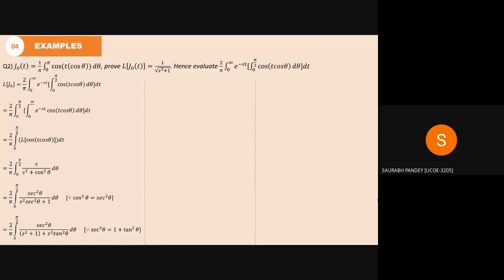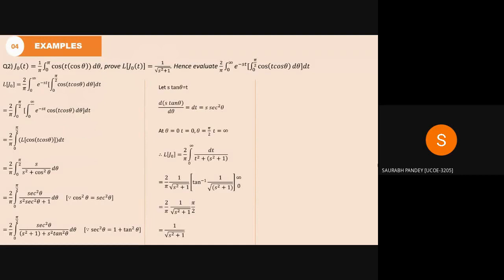For the further step we write this in terms of sec square theta, and substitute sec square theta equals 1 plus tan square theta using the basic trigonometric identities.